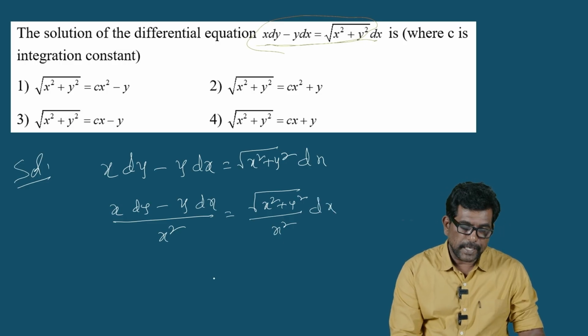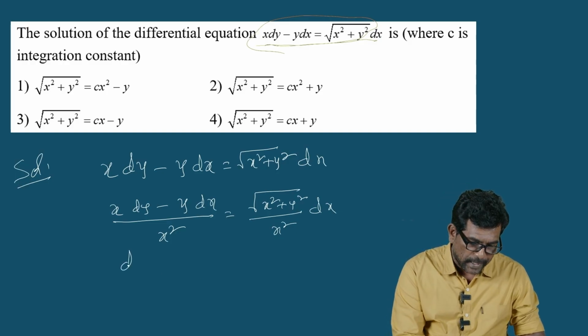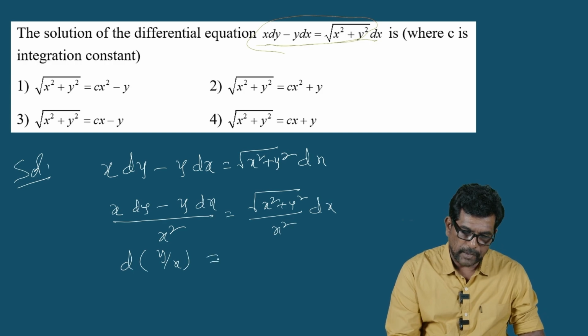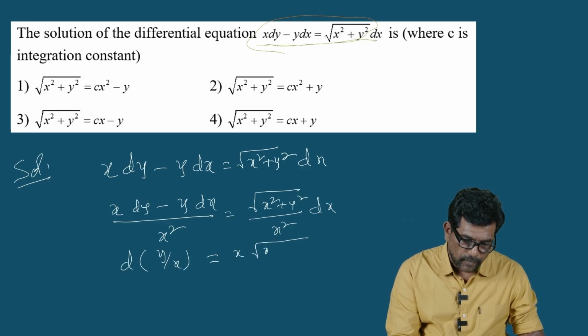Now it is very clear the left side of the equation is the differential of y by x. It is d of y by x is equal to, now the RHS is square root of x square plus y square upon x square. While we are taking common x square from the numerator, it is x times square root of 1 plus y by x whole square upon x square dx.